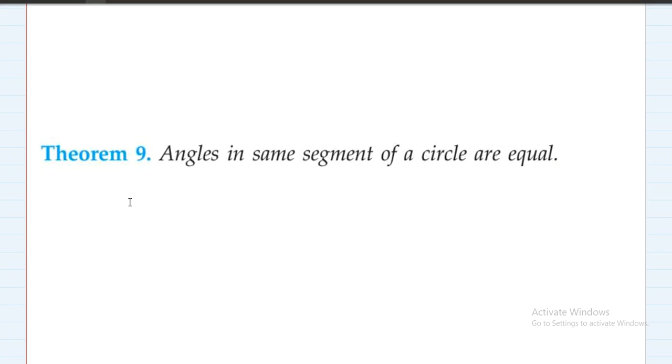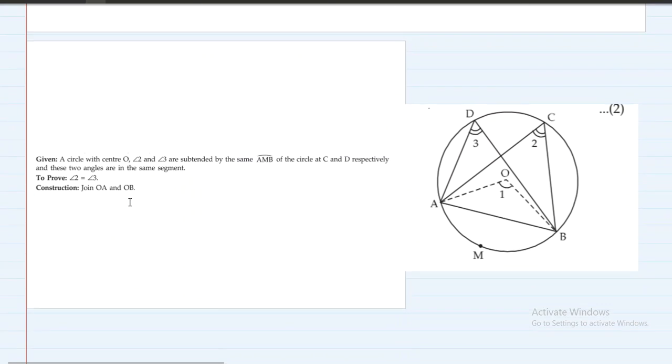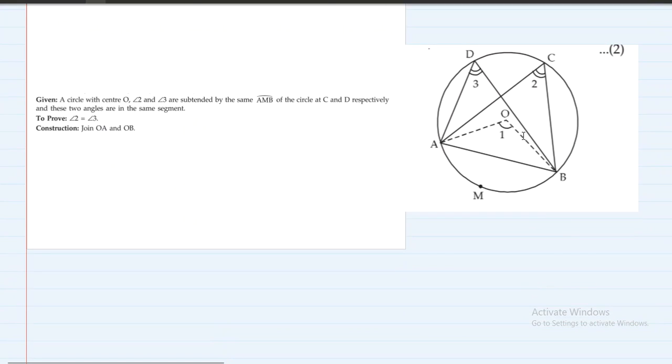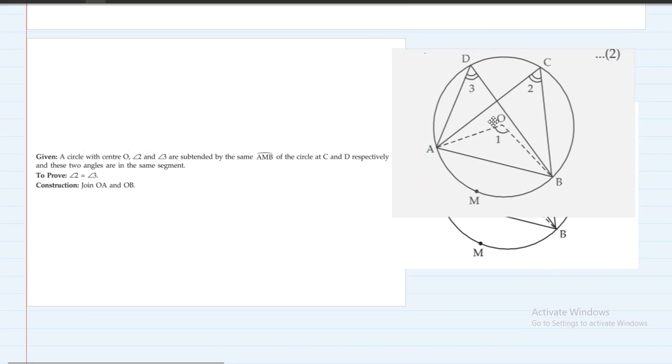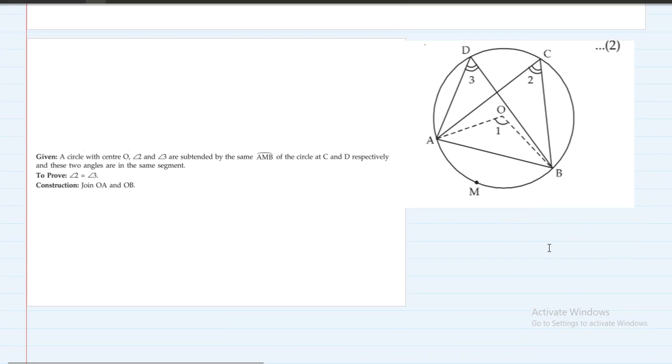This will be the second theorem. Angles in the same segment of a circle are equal. So this is the figure for you. It's given that a circle with center O and there is an arc AMB.